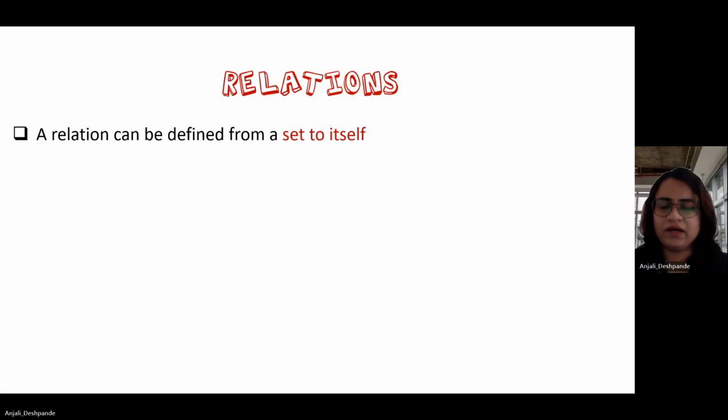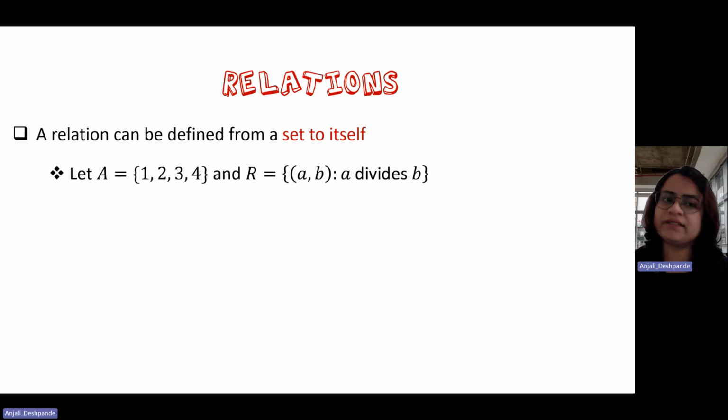Let us see an example of a relation. Consider a set A having four elements 1, 2, 3, and 4, and the relation R on that set is defined as: if a divides b, then that particular tuple is present in the relation.